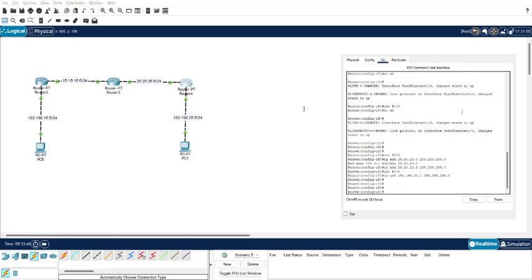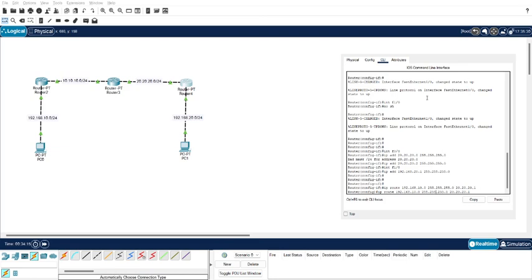The command is quite easy. It's like on router number 1: ip route, 0, and after that it's going to use 20.1.